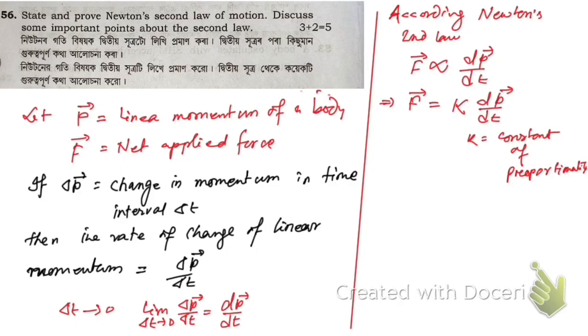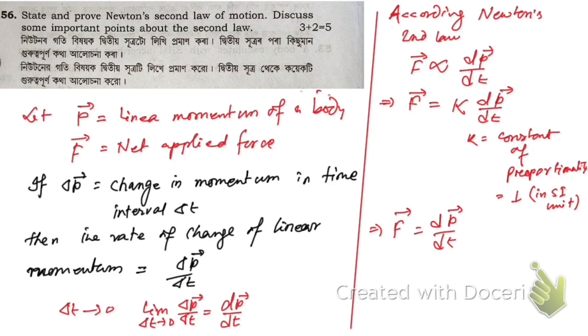Its value is 1 in SI units, right? In the SI system its value is 1. So we can write F is equal to dP by dt.